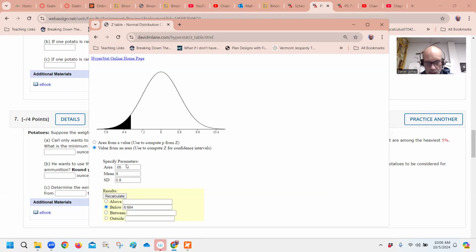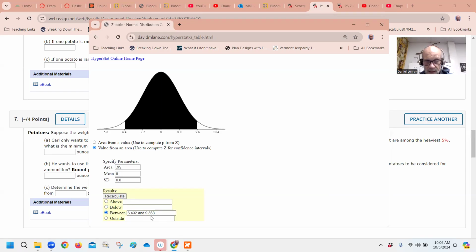So what we'll do is change our area to 0.95 and go between, and that's the potatoes between 6.4-ish and 9.568-ish that will be in the middle 95%. Okay, and see that nice black area there shows us that's the middle 95%. So pretty easy. And remember, the trick for number 7, you have to change value from an area.